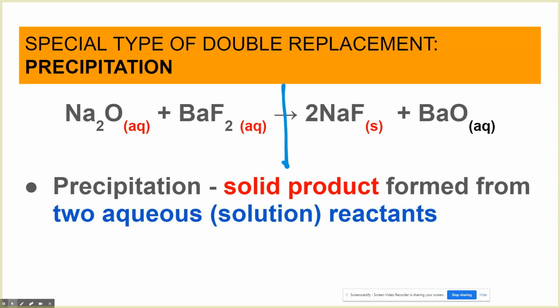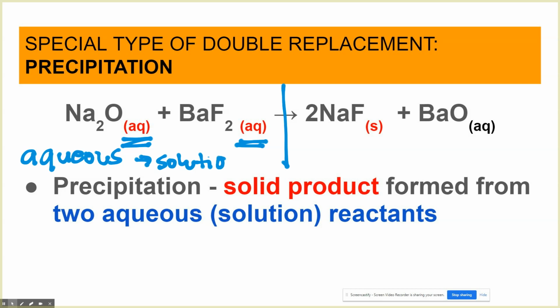The reactants are two aqueous solutions. What do you mean by aqueous? Aqueous means in water. These are solutions in water. So you have here two aqueous reactants, and they join together to form a solid.